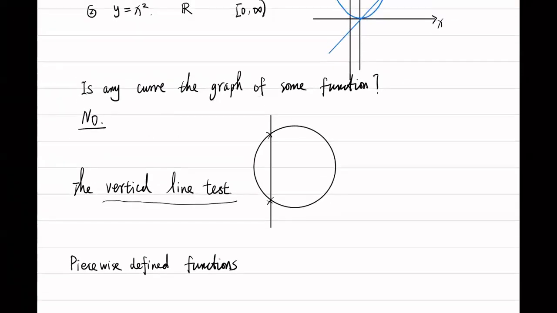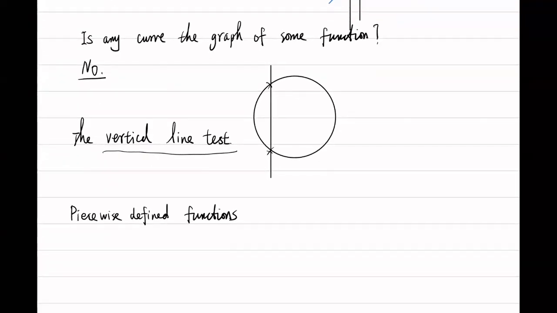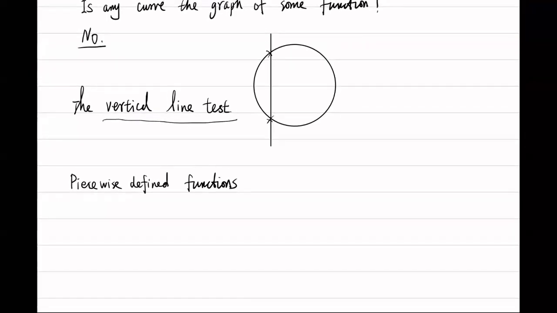The next one, piecewise defined functions. For the previous functions, we had one formula for the whole domain. But sometimes we have different formulas for different parts of the domain. For example, if x is negative, we define it as the square. If positive, we define it as x itself.